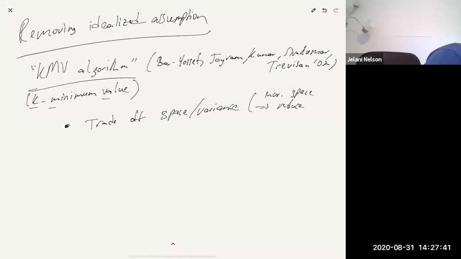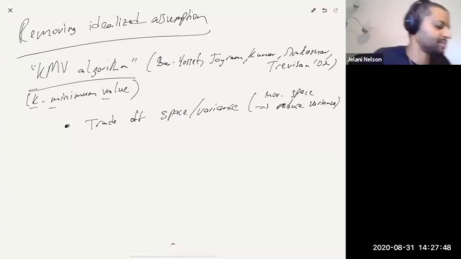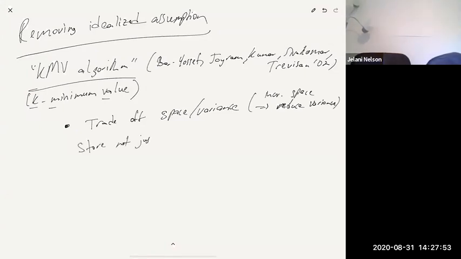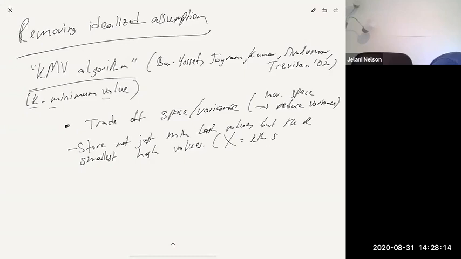We already saw that with FM plus, but we're going to use a different approach for this problem, which works as follows. We're going to store not just the minimum hash value, but the k smallest hash values. Let's say I'm going to use x to denote the k-th smallest hash value.